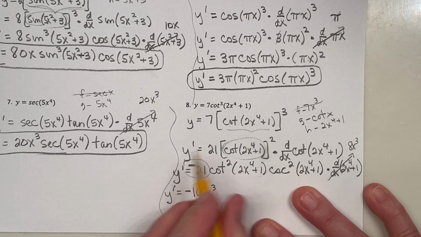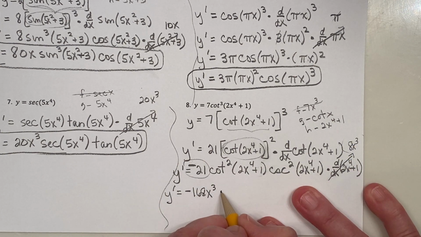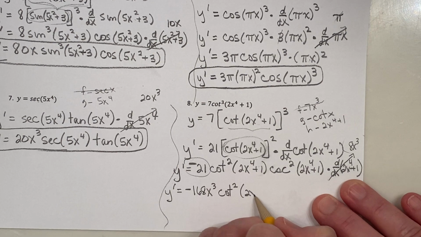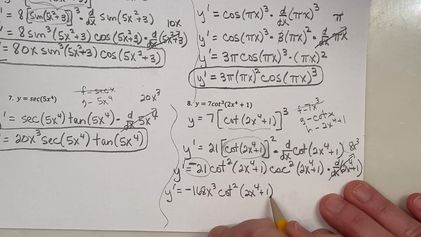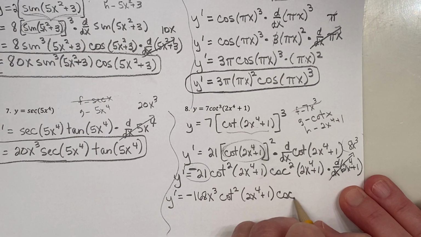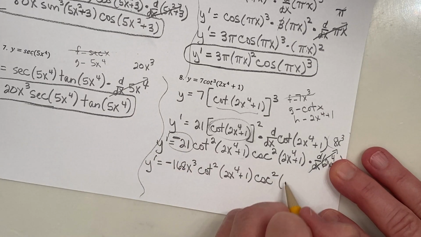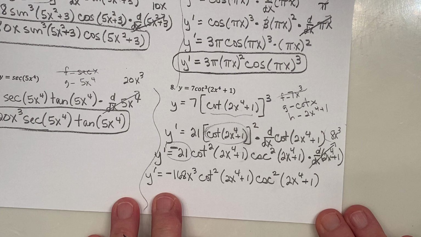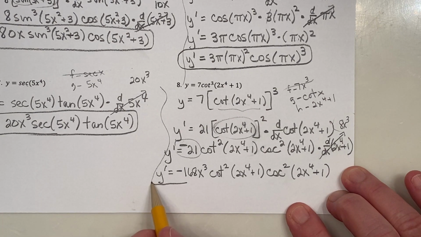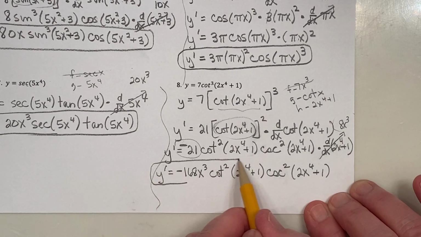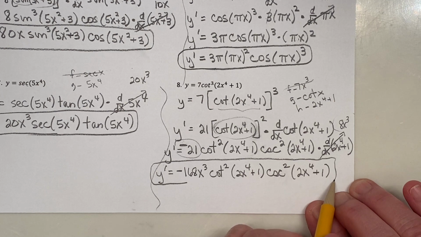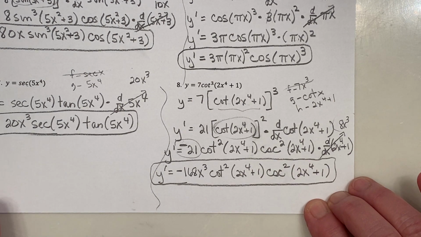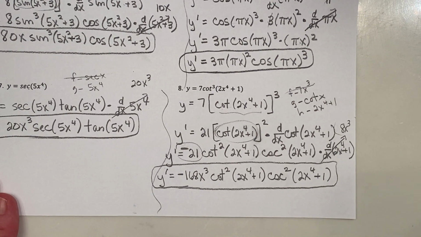So I multiplied negative 21 times 8x cubed, and then cotangent squared, and then cosecant squared. Wow. Not very pretty, but we did it right. Hopefully you found the extra practice using chain rule helpful.